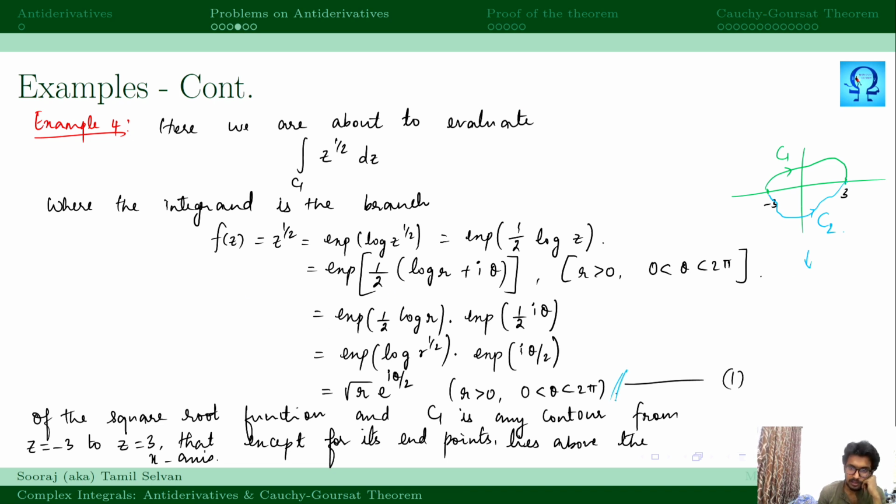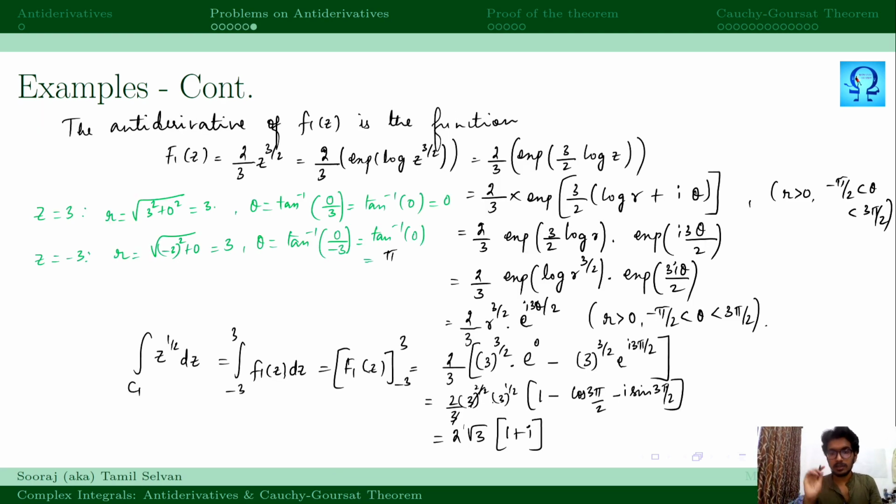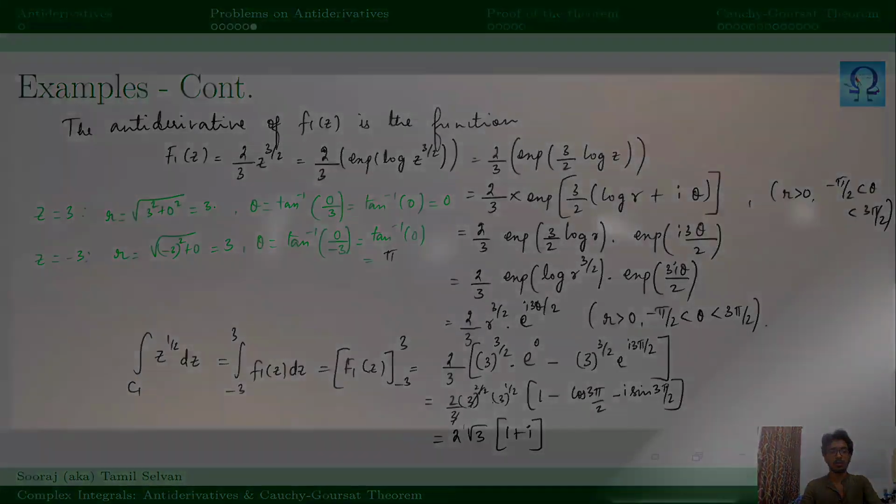Here we have considered a branch in equation 1, right? This branch has to be replaced with f2 of z, which is under root r e to the power iota times theta upon 2, with r positive and theta lying between pi by 2 to 5 pi by 2. You will have to take this interval, calculate the value and complete this problem. So I leave that as an exercise to you. Thank you.